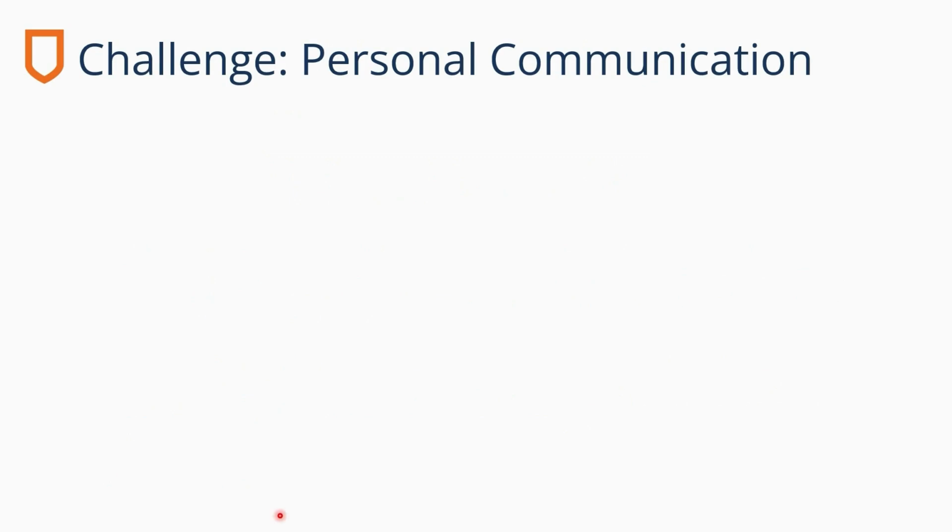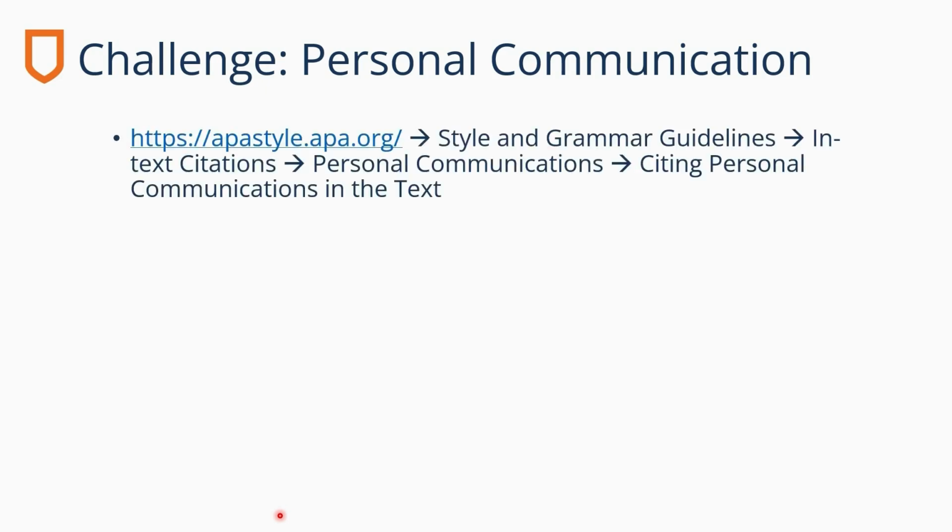What if we have a personal communication? Well, first, there should be a place that you can look for the answer. Check out the APA Style webpage. Click Style and Grammar Guidelines, followed by in-text citations, personal communications, and scroll down to Citing Personal Communications in the Text.